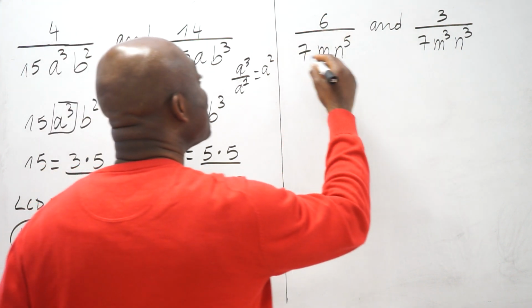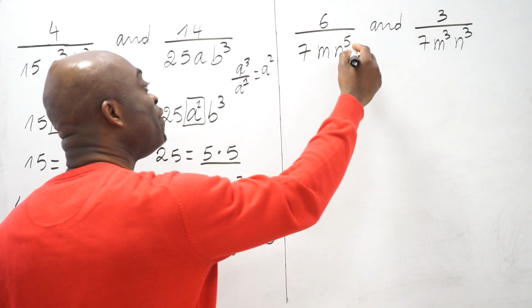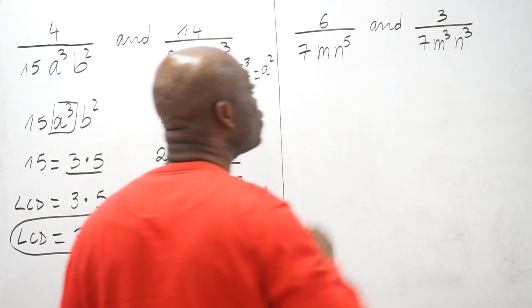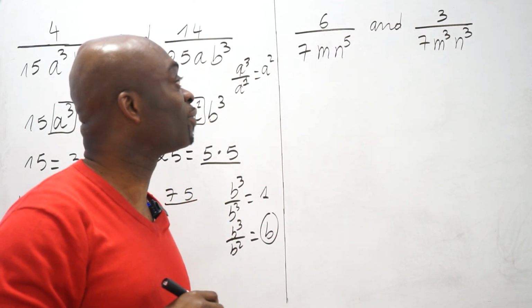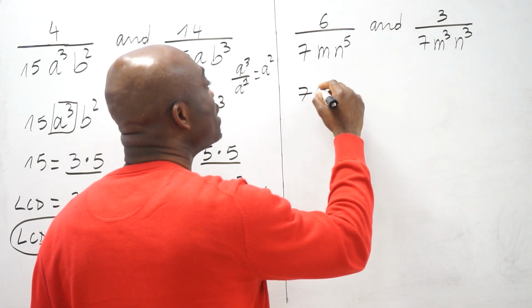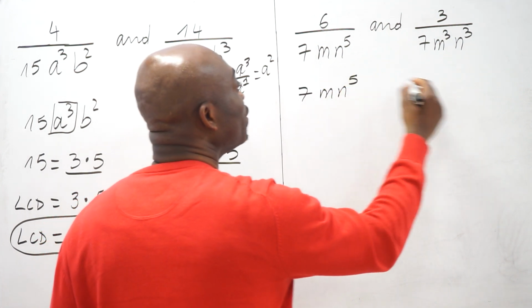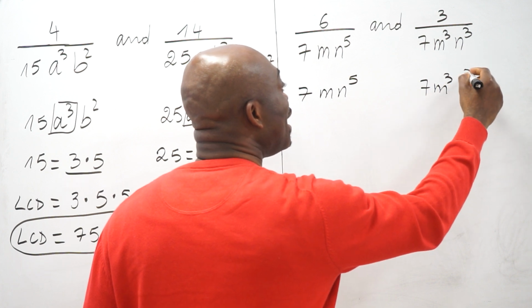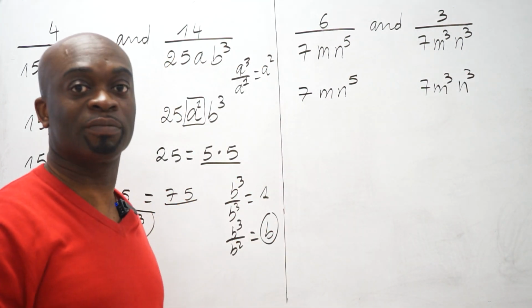Now let's go here. That's 6 over 7mn^5, and 3 over 7m^3n^3. We're dealing with the denominators only, so I'm collecting them: 7mn^5 and 7m^3n^3.